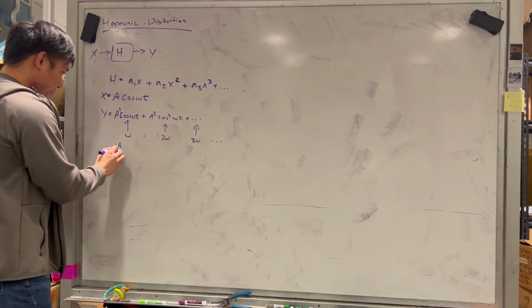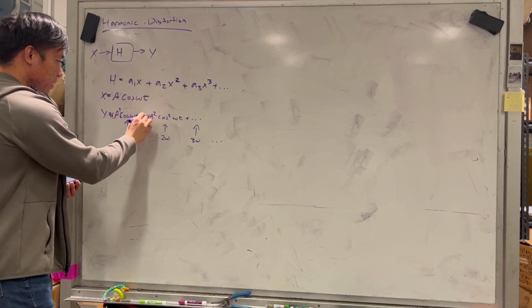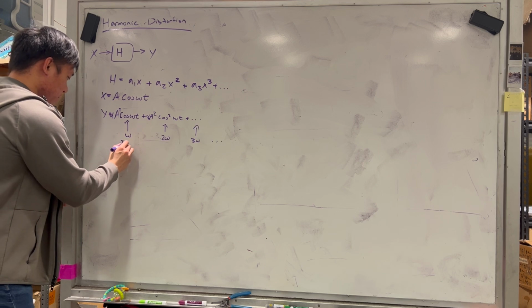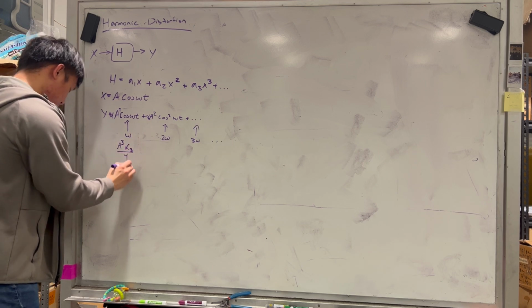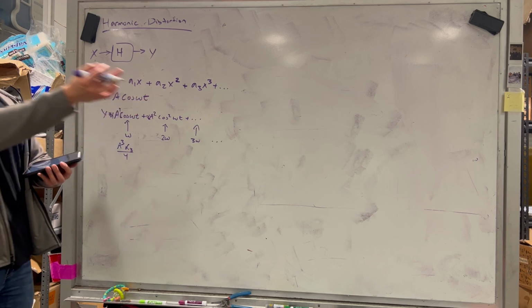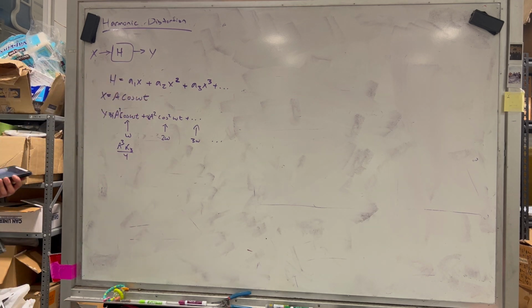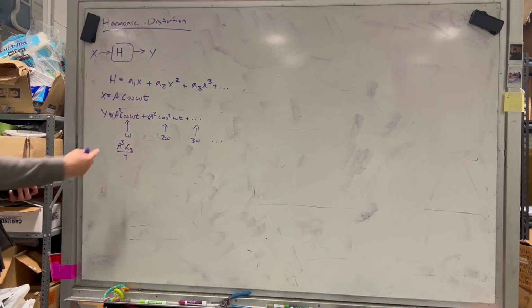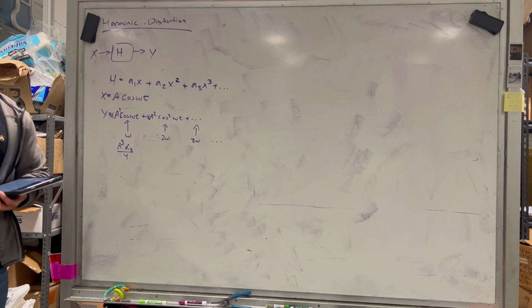There should be some alpha 1, alpha 2. That's what I forgot. It'll be A cubed alpha 3 divided by 4, if you did the math out, which I won't go through again. But it gets smaller and smaller and smaller, right? That's just because these alpha terms get smaller and smaller, and that's really the Taylor series expansion of whatever your system is.